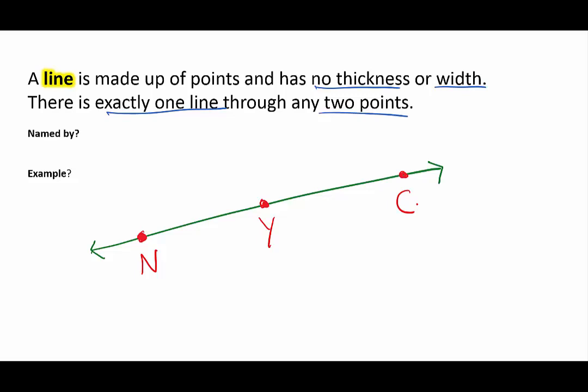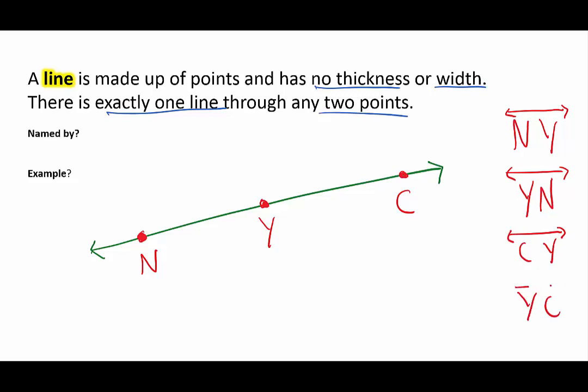How do we name this line? Honestly, it doesn't matter. You could choose any 2 points on this line. So let's see how many different combinations we can come up with. We've got NY, YN. We've also got CY, YC.